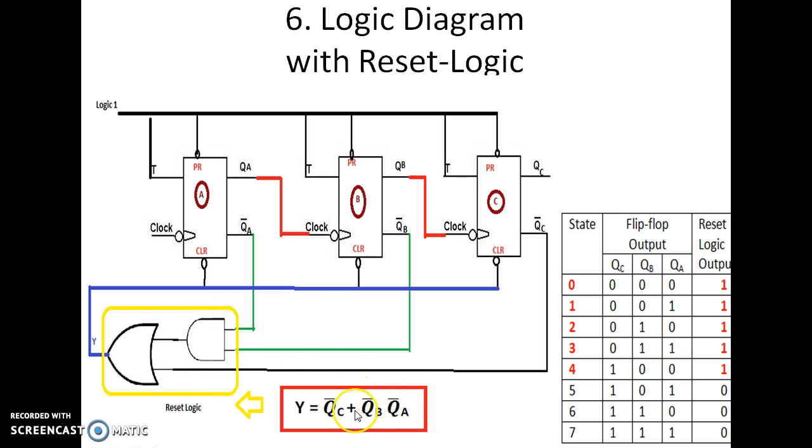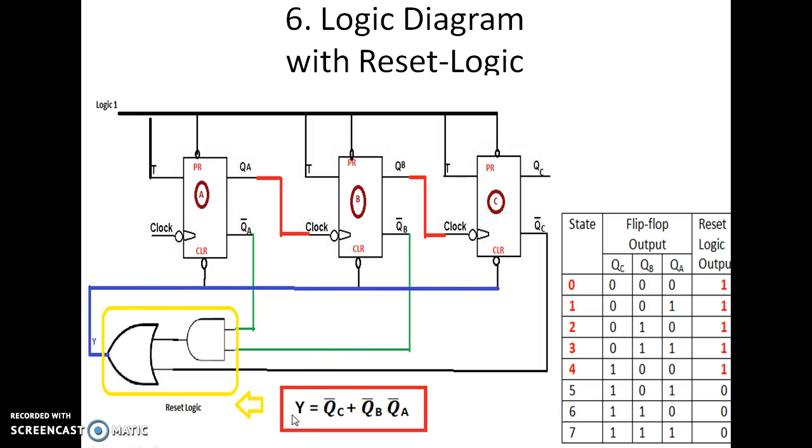Then that is added with QC bar, so we need an OR gate also. These two are given to the OR gate, and that is the output Y given by the blue line.